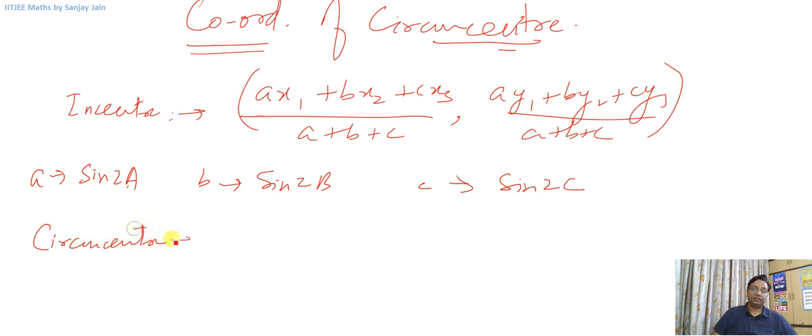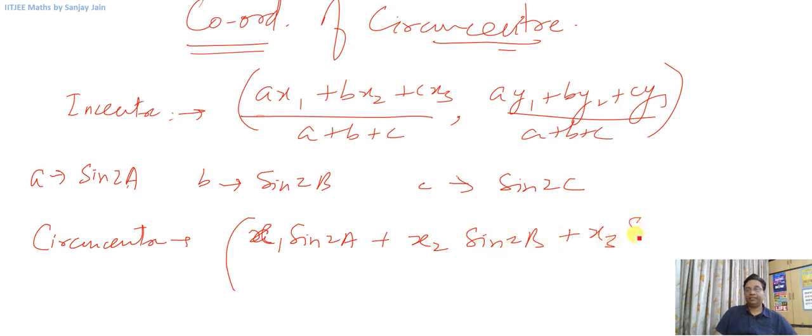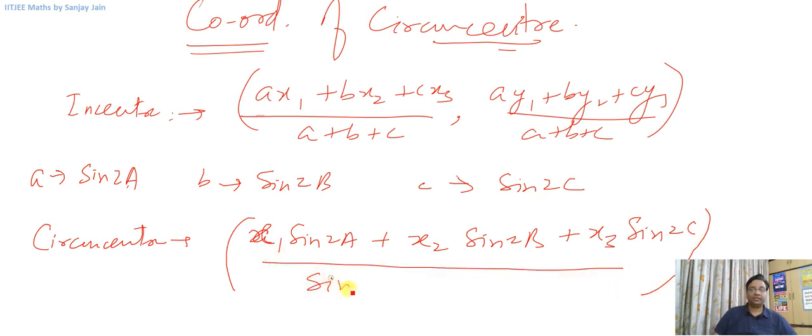Circumcenter coordinates will be x1 sine 2a plus x2 sine 2b plus x3 sine 2c divided by sine 2a plus sine 2b plus sine 2c. This is the x coordinate. Now similarly you can write the y coordinate.